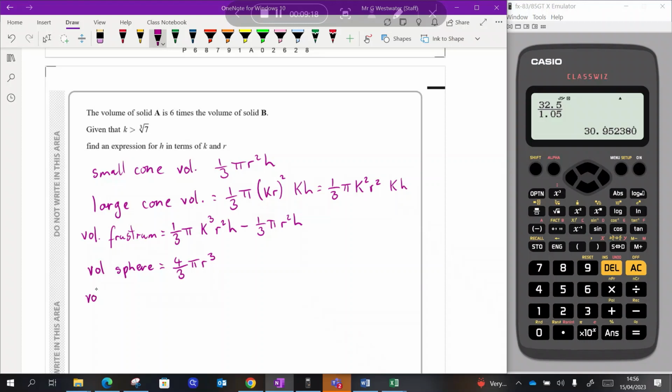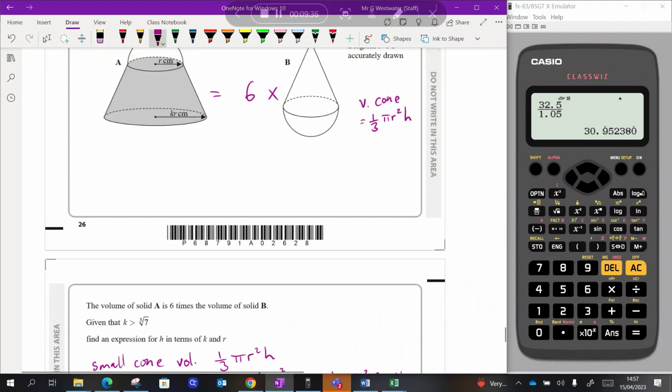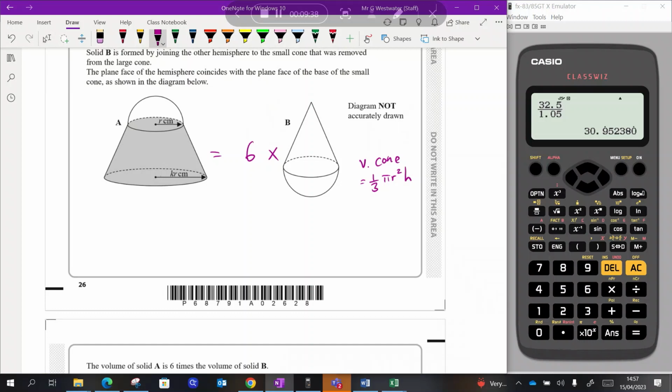So the volume of a hemisphere is going to be 1/2 of 4/3 pi r cubed, or 2/3 pi r cubed. So now we can form our equation where this equals 6 times B.